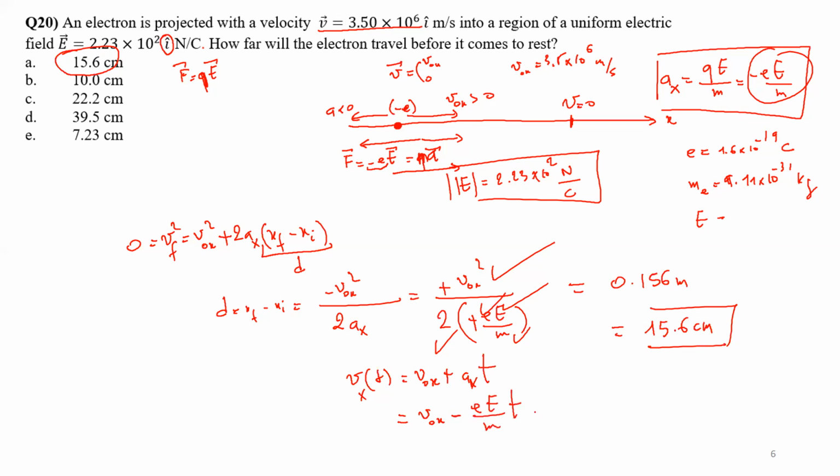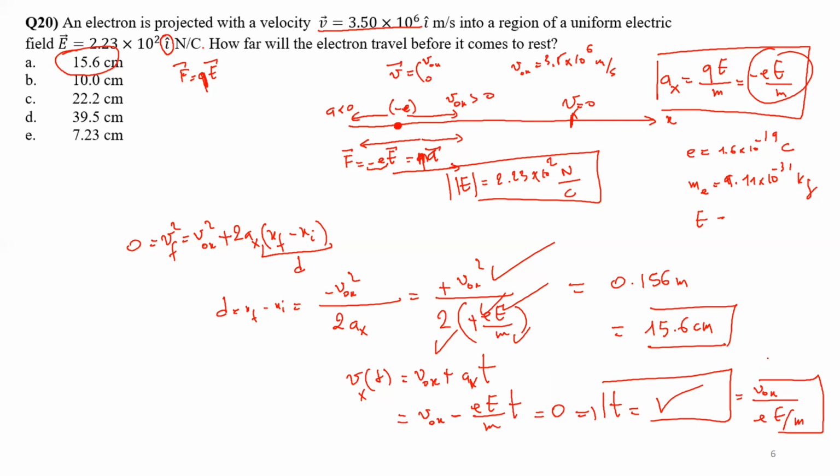When I stop, this v_x will be 0. So v_x being 0, I can get the time. What is the time? Easy. It will be just v naught x divided by eE divided by m. This is the time at which I will stop.